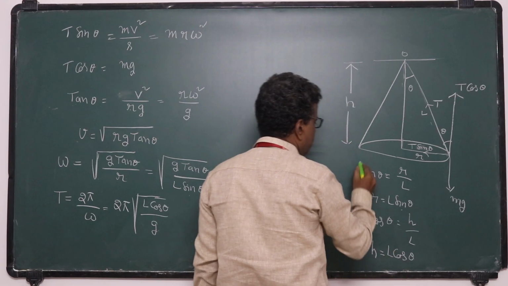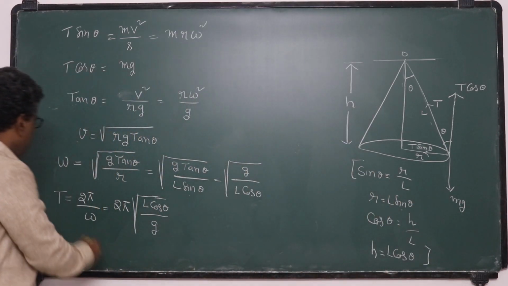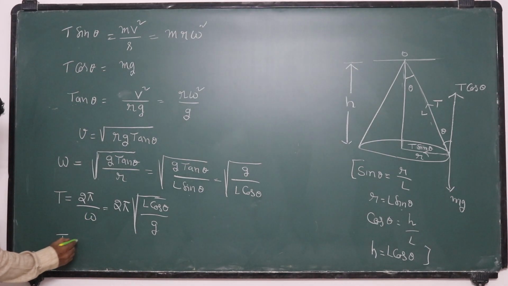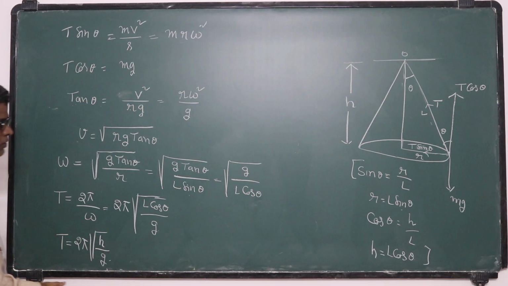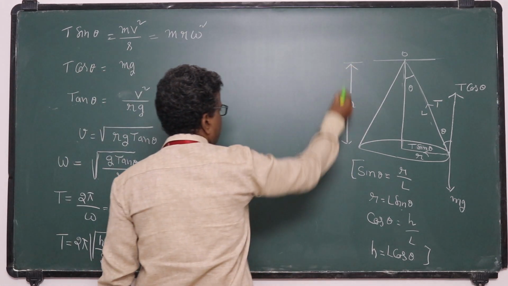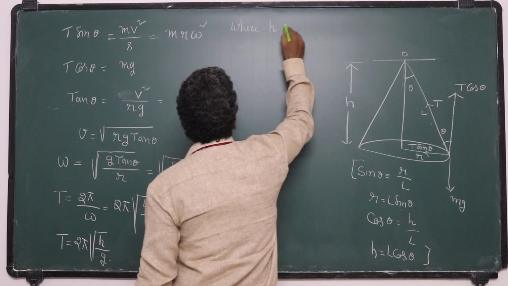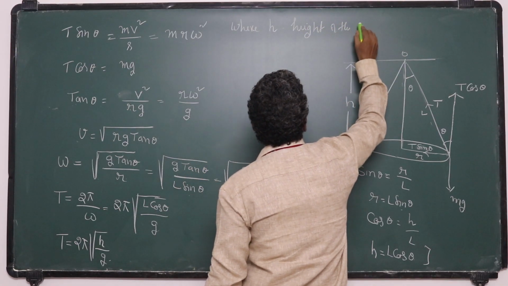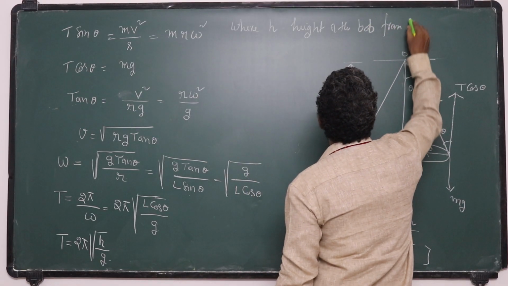You have these two expressions from the above triangle. So here instead of L cos theta, I am writing h. So the time period T is equal to 2 pi into square root of h by g, where h is the height of the bob from the point of suspension.